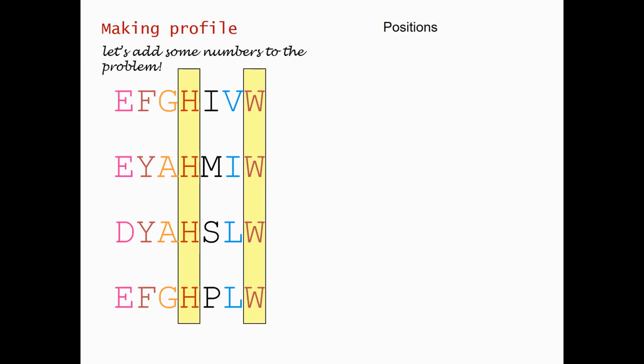Say, for example, we write all 20 amino acids, and the positions 1, 2, 3, 4, 5, 6, 7, 8, 9, 10, 11, 12, 13, 14, with a number or a score for each.